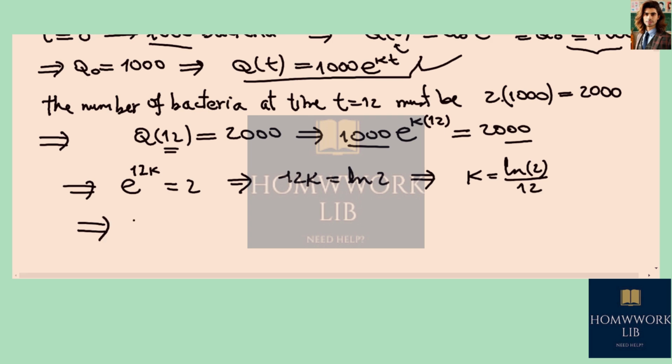And if we calculate this value using a calculator and rounding to 4 decimals, we get 0.0578. Maybe because we have a 0 after the point, it would be better to round to 5 or 6 decimals, but we stick to the statement and we get 4 decimals.